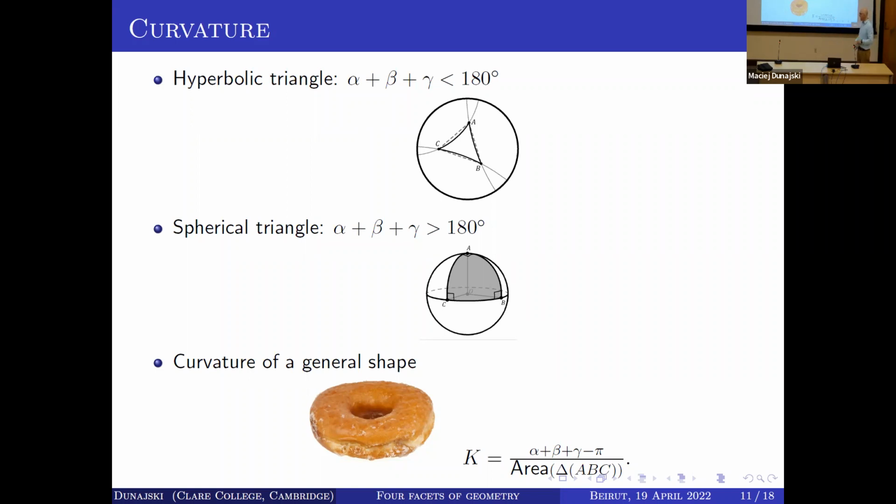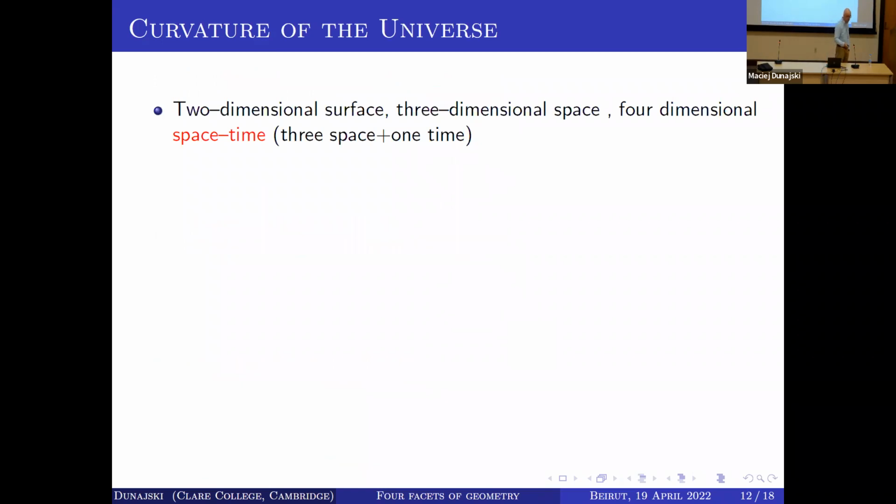Okay, so now I've covered 2 facets of geometry out of 4. The Euclidean geometry where 5 axioms hold, and the hyperbolic geometry where only 4 axioms hold. And this curvature gives me an excuse to venture very briefly into a different occurrence of geometry, the geometry of the universe.